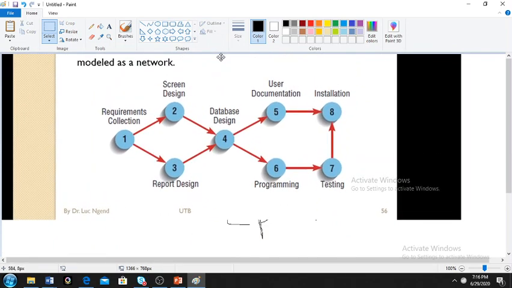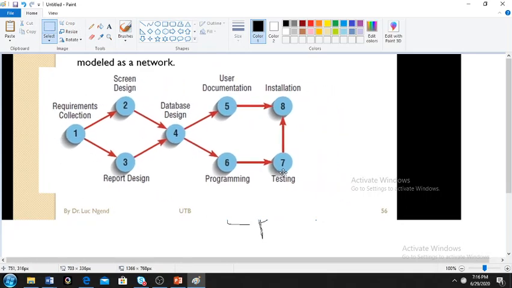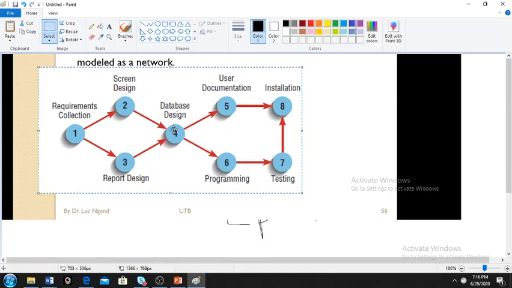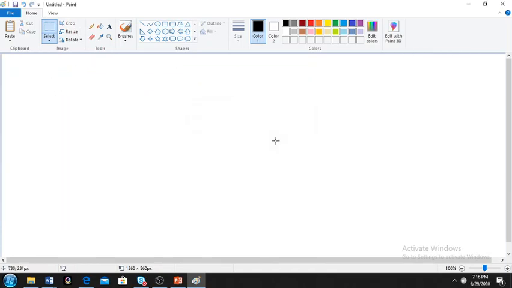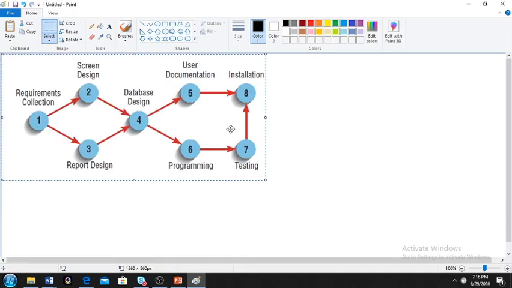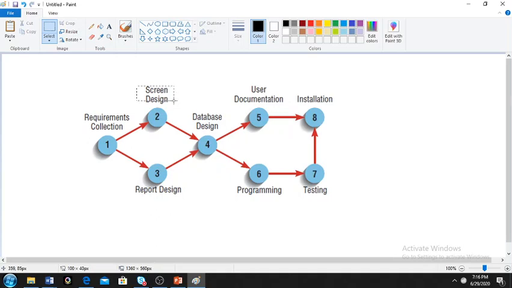Good. So let me cut this, create a new one. I don't save it. Okay, so let us remove that.